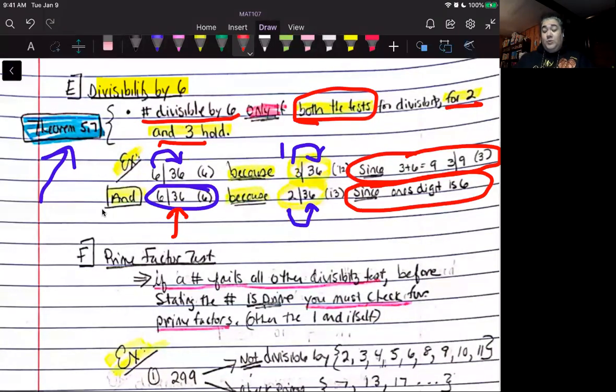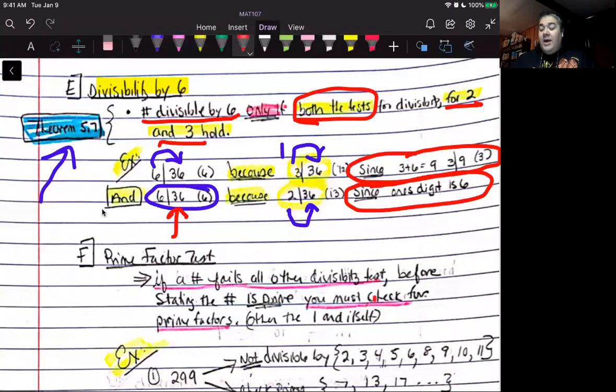Hopefully that's clear, okay? And theorem 5.7 exists and is possible because of that theorem 5.3 that we talked about in the beginning that talks about some relationships that always exist when talking about divisibility, okay?